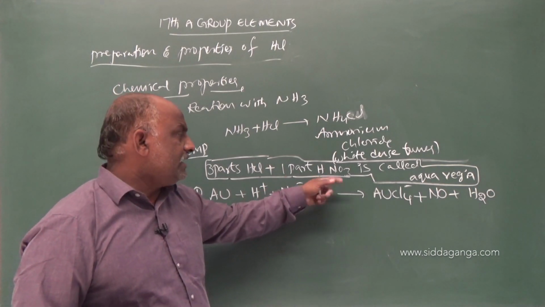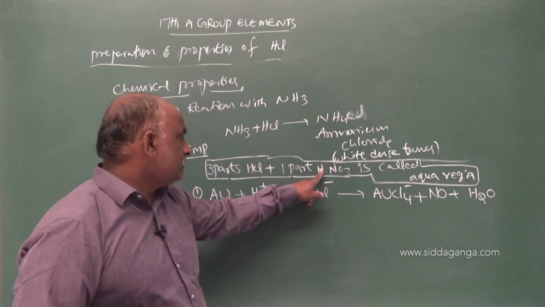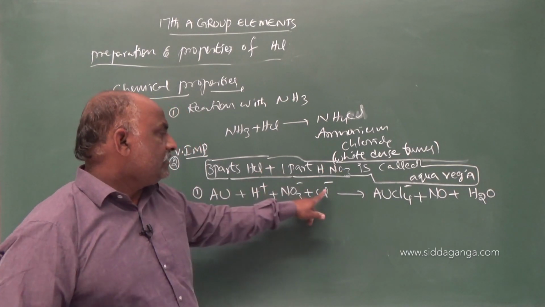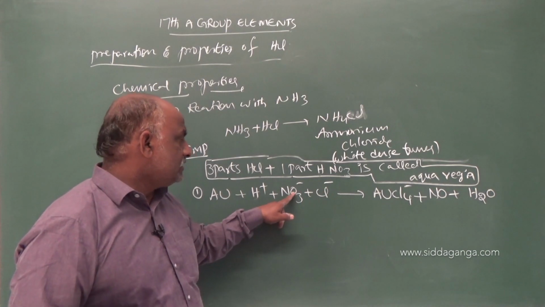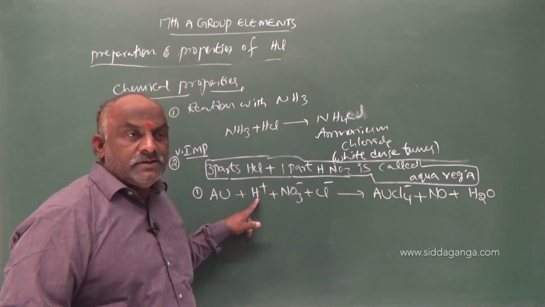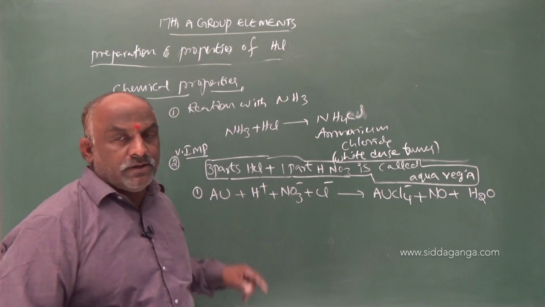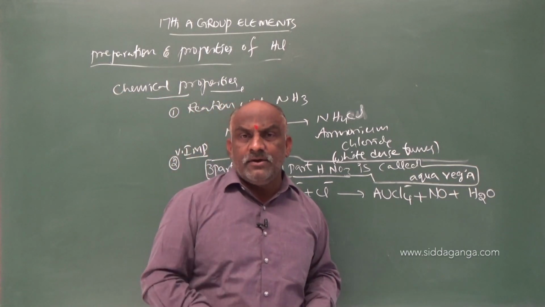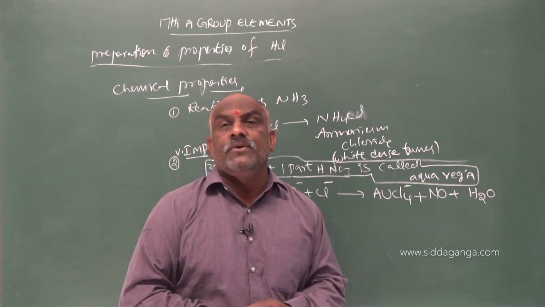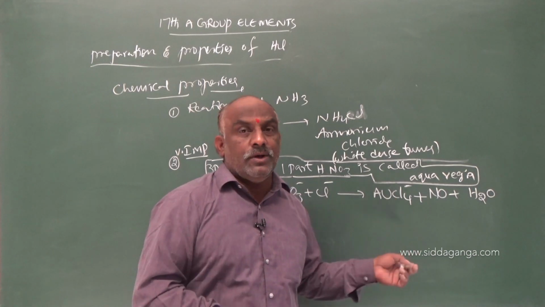Aqua regia contains NO3 minus ions, H plus ions, Cl minus ions. You add gold. Gold is solid, but it will be soluble in aqua regia.